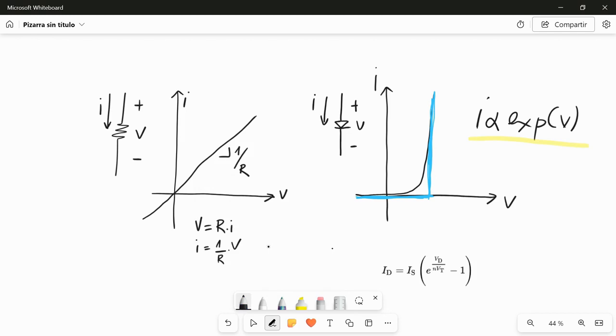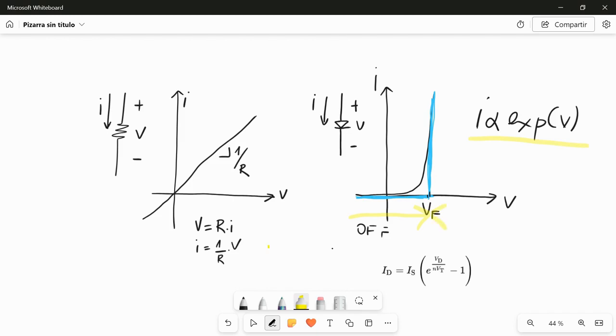With this curve, we can define a parameter which we usually call VF, the forward voltage, which defines the two regions of operation of the diode. Below the forward voltage, the diode is off, because the current is zero at any of these points.